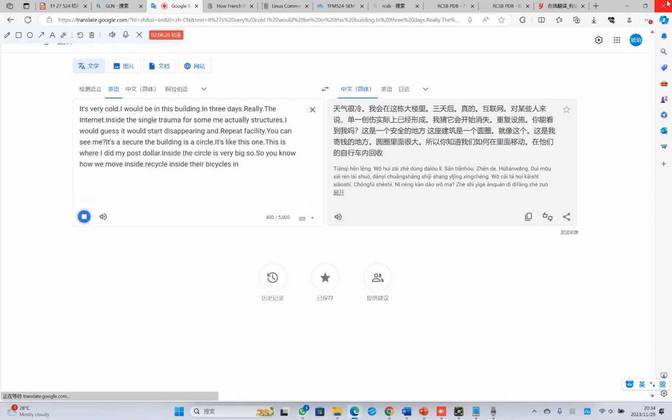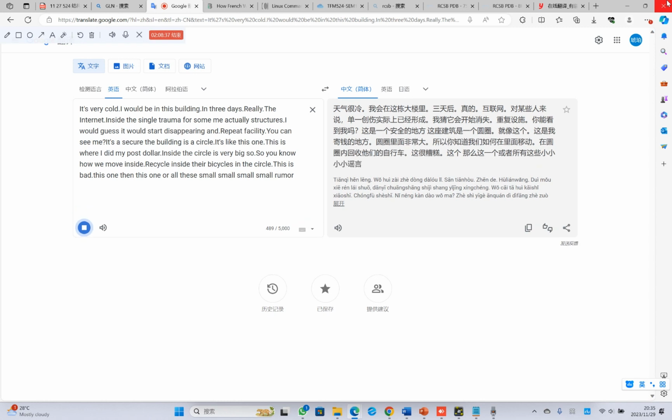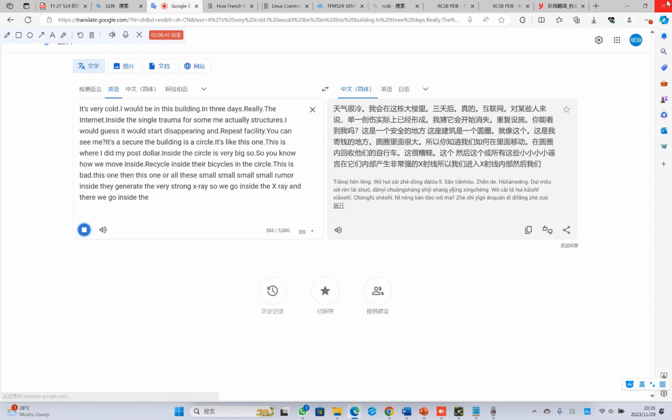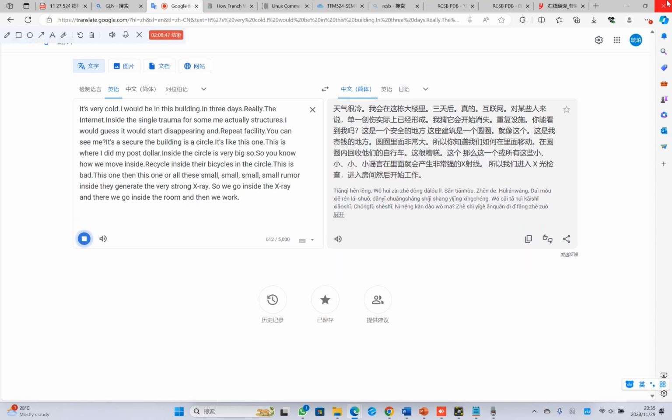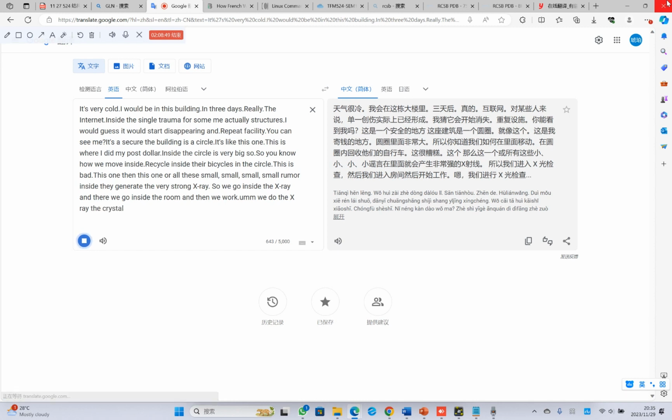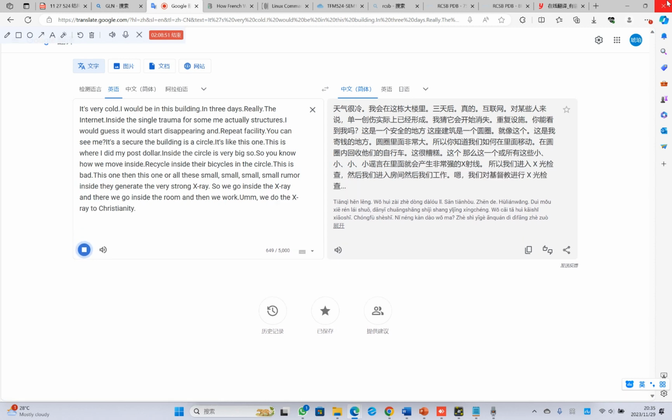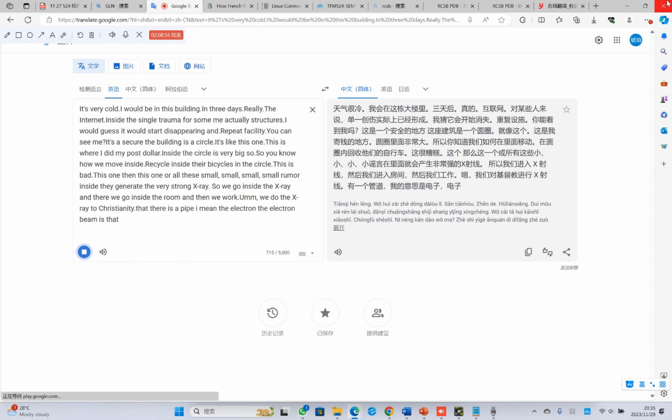All these small rooms, inside they generate very strong X-rays. So we go inside the room and then we work. The travelling goes like this, in a circle.